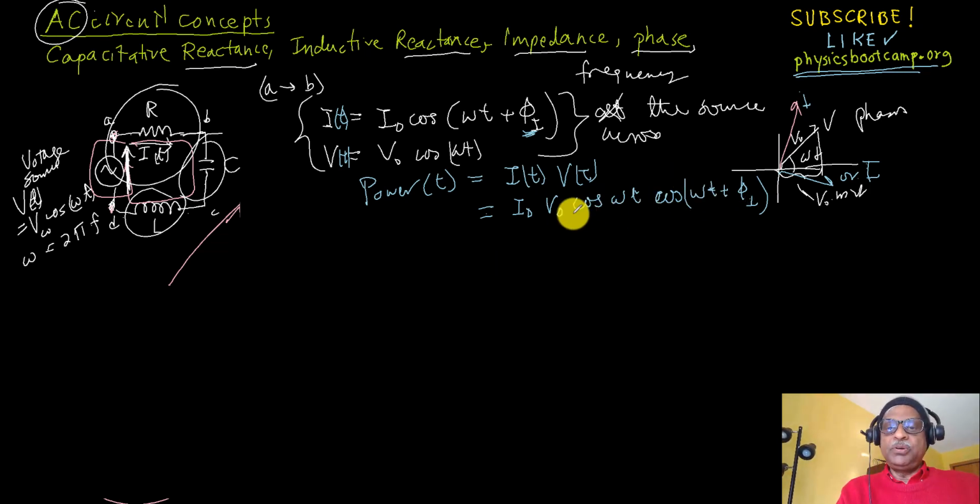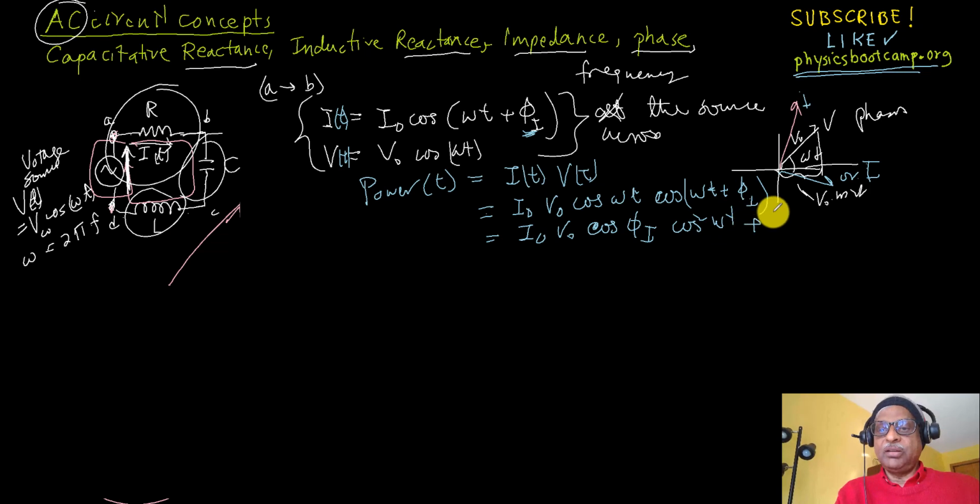So it's going to vary with time, and you can already see that this is going to have two different components: I0 V0 cosine phi I times cosine square omega t, and then I0 V0 sine phi I cosine omega t and sine omega t.